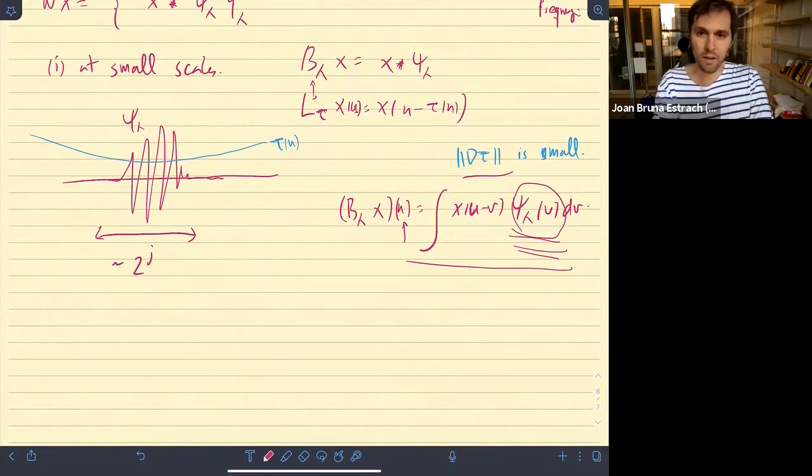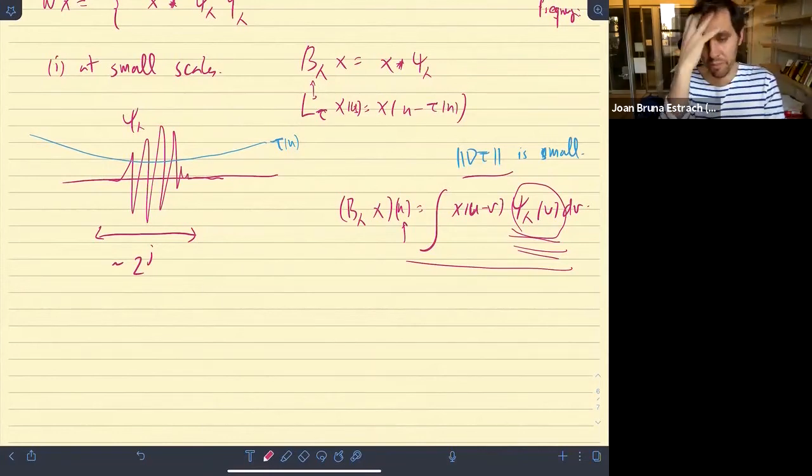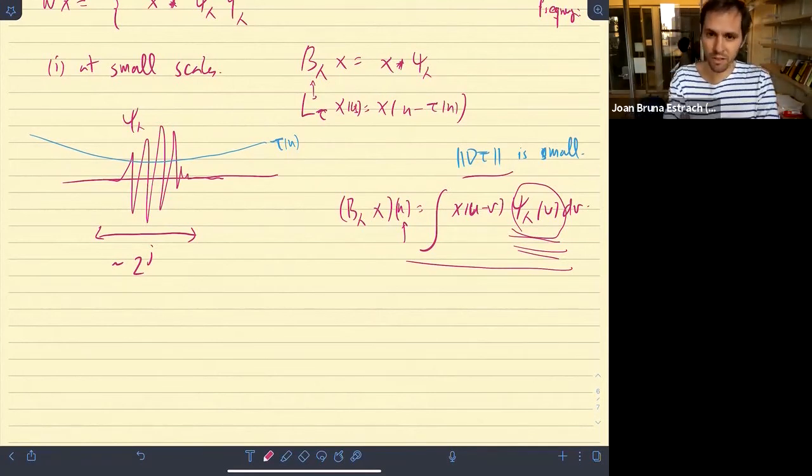Well, as far as the wavelet is concerned, it only sees tau in this small interval. And a smooth function in a small interval can be very well approximated by a constant function, right? I mean, if the interval is sufficiently small, tau of u is going to be well approximated by basically a constant approximation. So as far as the wavelet is concerned, this deformation looks like a constant.